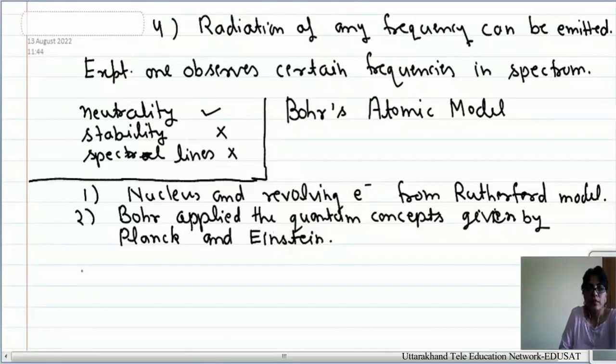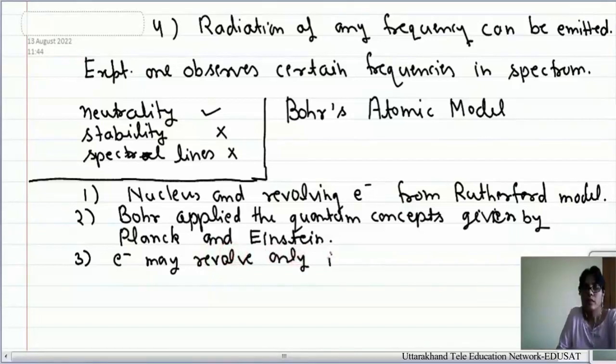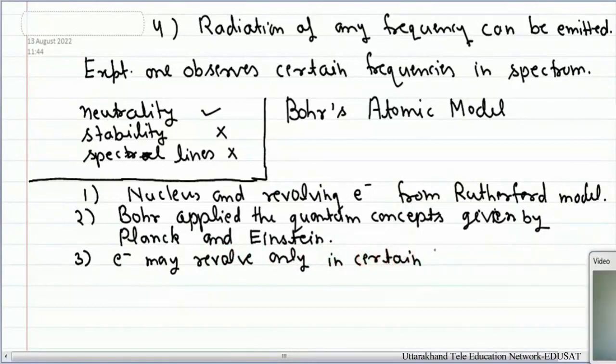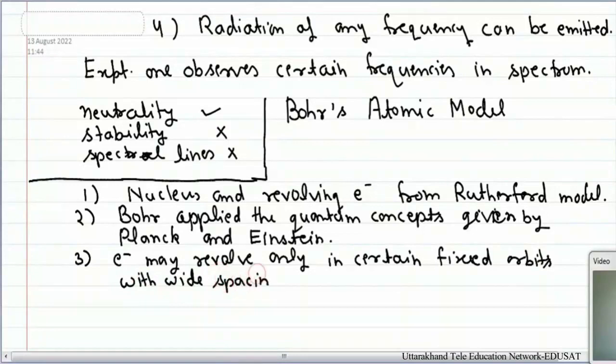On this basis, he said that electrons may revolve only in certain fixed orbits with wide spacing having constant energy.